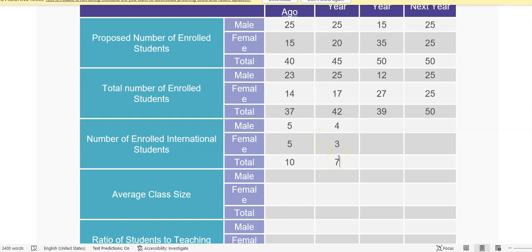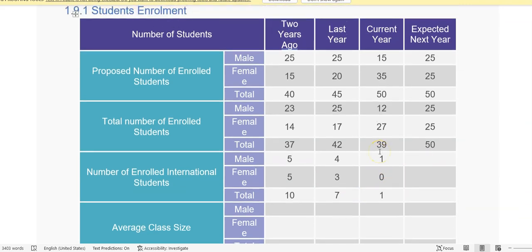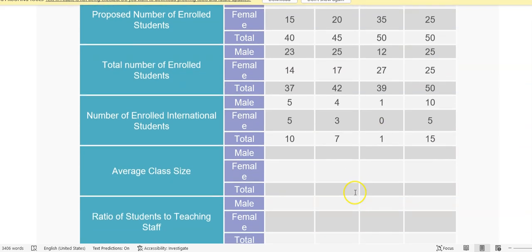As you know, the number of international students is always less than the national or Saudi students. 1, 0, 1. We can write here expected next year. No, expected a lot, really. A lot want, but places are limited. So 5, for example, and the total is 15.